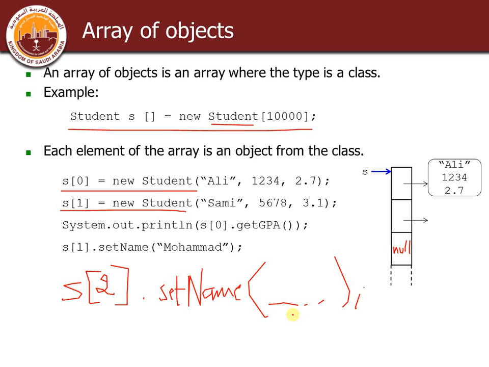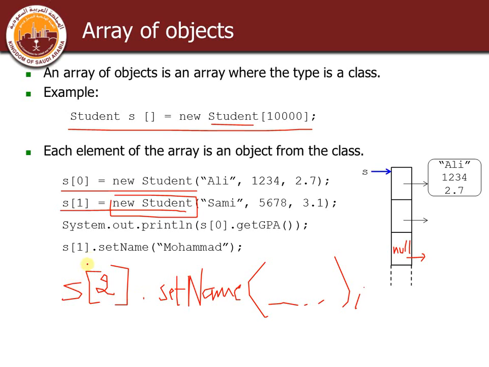This is not going to work because I never instantiated a new student in s2. I have one in s0 and s1, but in s2 I don't have it, so this doesn't point to anything, and I cannot call set name or get GPA or whatever.